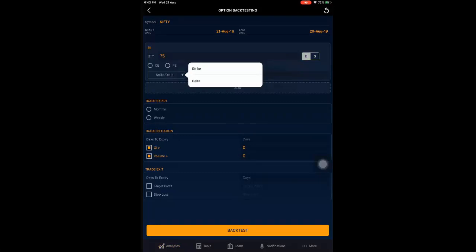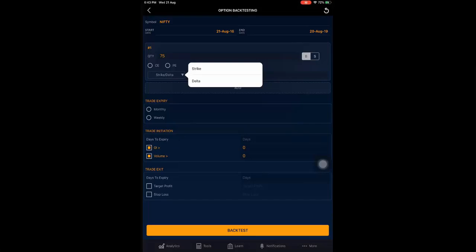Coming to the strike, when you say a strike, 0 means at the money, and a positive number means above. So when I say 1, it means one strike above the at the money. When I say 2, it means 2 strikes above at the money. Similarly, when I want to say strike below, I will say -1, which means 1 strike below the at the money.